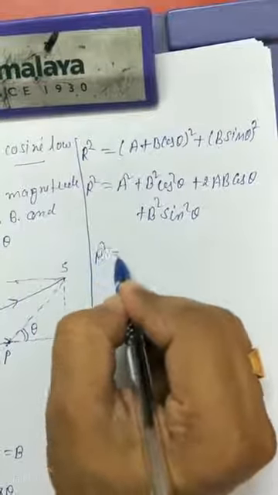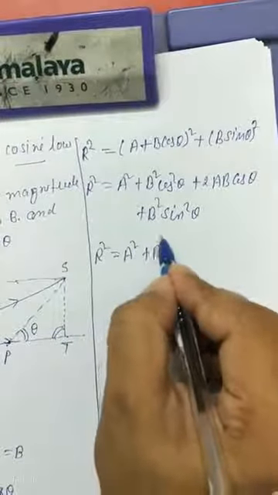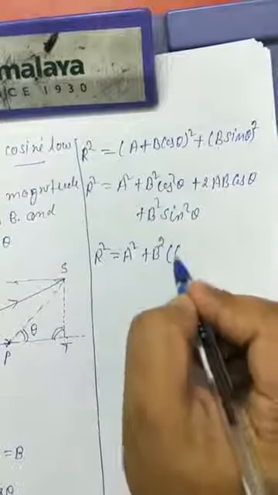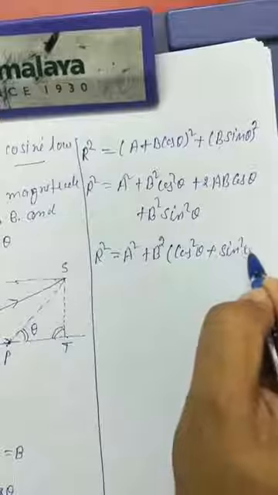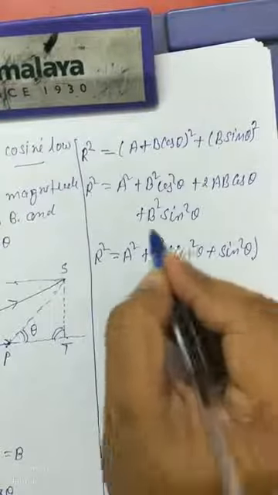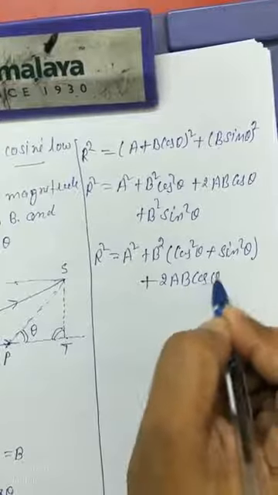Then R square is equal to A square plus B square, which is common, times cos square theta plus sin square theta. Now the rest part is 2AB cos theta.